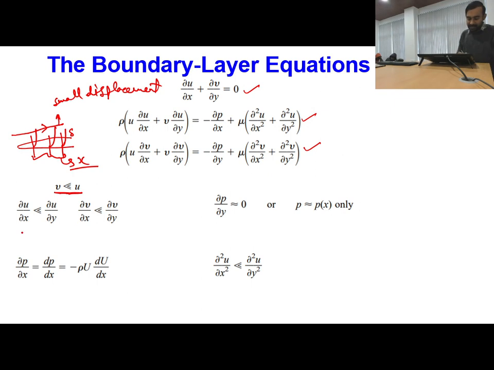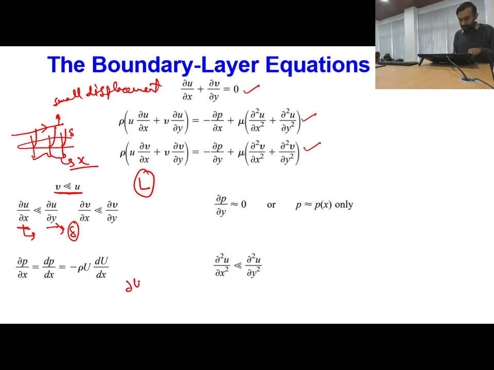So that's why I am writing that del u by del x is very small in comparison to del u by del y. Why? Because in the x direction, your length scale is L. In the y direction, your length scale is delta. For calculating the gradient, what is the meaning of del u by del x?